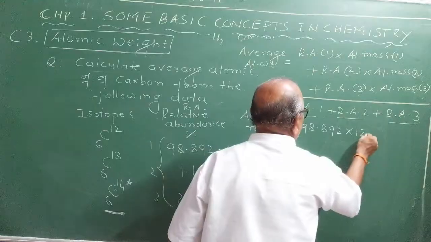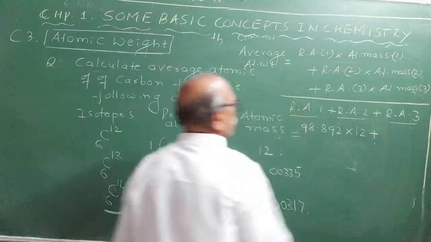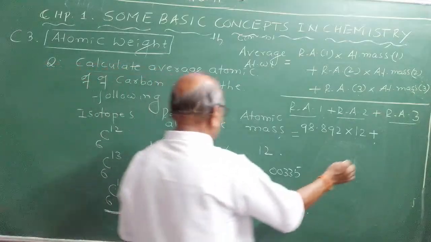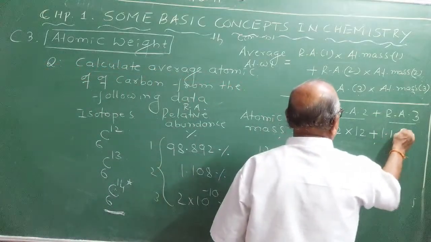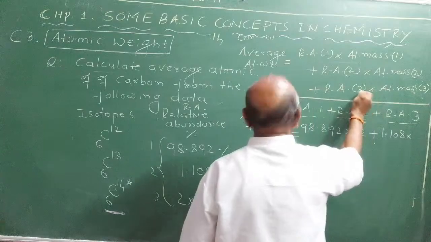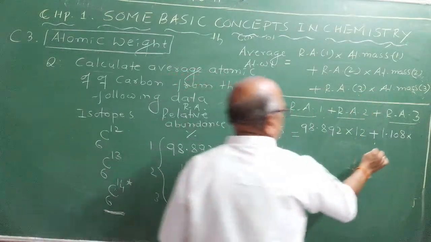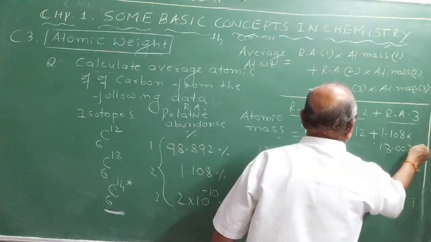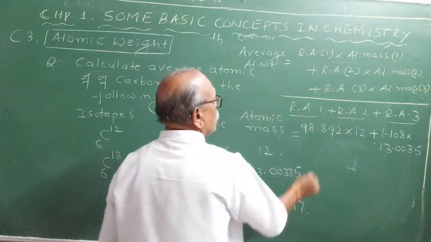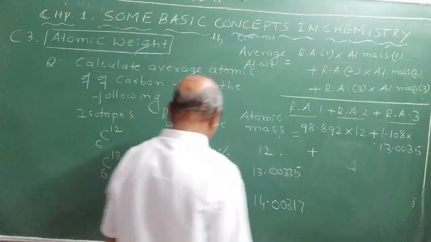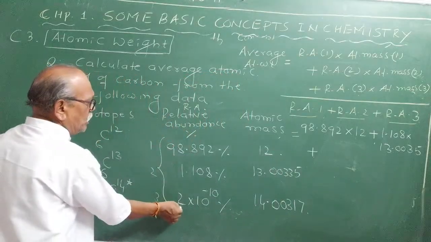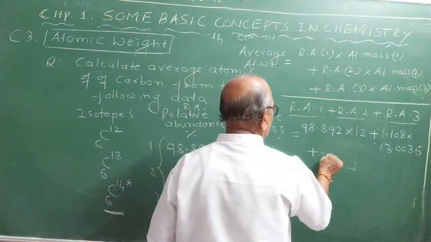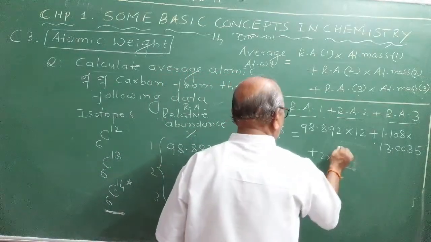Plus the relative abundance of the second, 1.108, into its atomic mass, given as 13.0035. Third one plus relative abundance of the third one is 2 into 10 raised to minus 10.